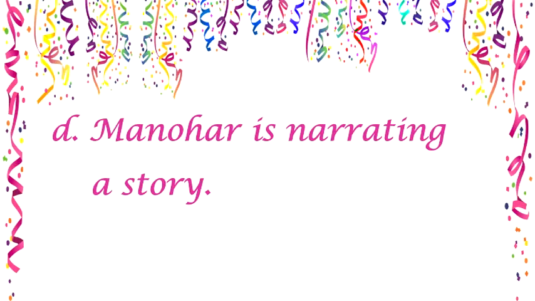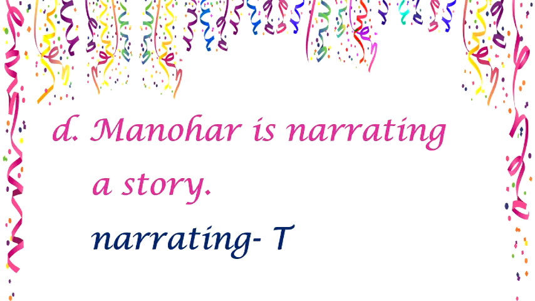D. Manohar is narrating a story. Now ask yourself the verb and look out for the object. So we have the verb narrating, and if we say Manohar is narrating what? The answer is story. So it is a transitive verb since story is the object.